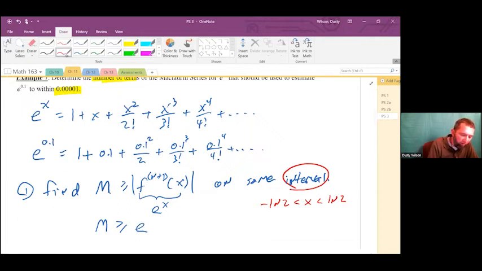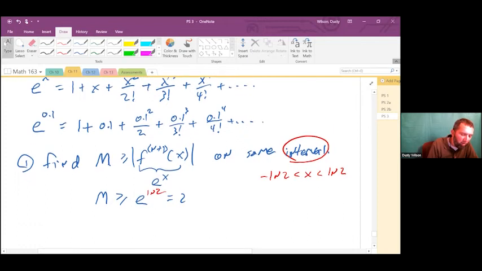It's an increasing function, so it's going to be biggest at ln of 2 and smallest at minus ln of 2. And so this whole thing would be equal to 2. So since M has to be bigger than or equal to that, we could just choose big M to equal 2. Okay, so we found big M.